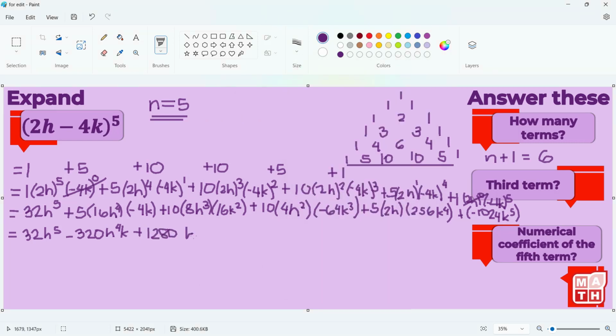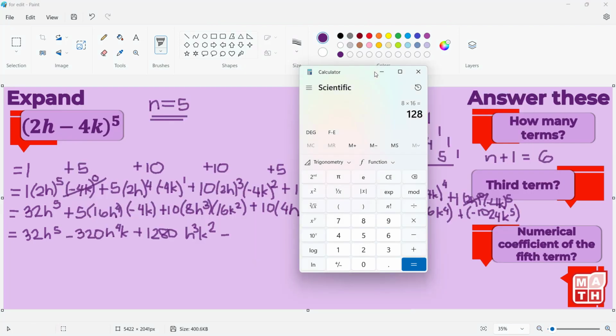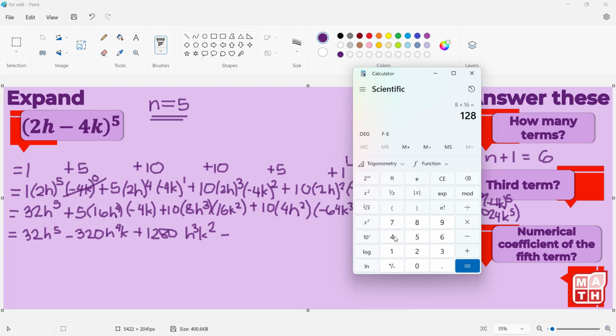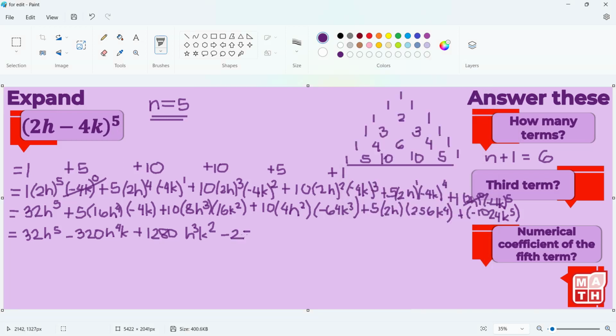So you have 1280 h cubed and k squared. Then here, expect to have a negative sign. You will have 4 times, let's just use 64, but of course it's negative, times 10, so minus 2560 h squared k cubed.